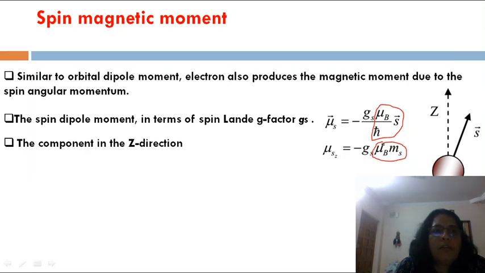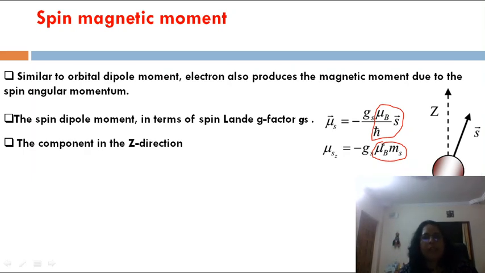Now how do they interact? The orbital angular momentum and spin angular momentum interact. What is our intention? Our intention is to understand their coupling and how that coupling affects the origin of the hyperfine spectrum.